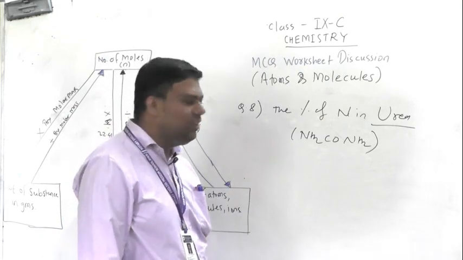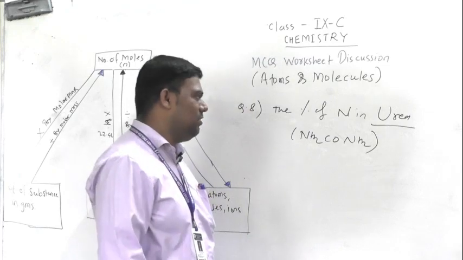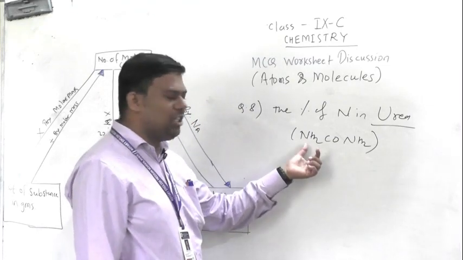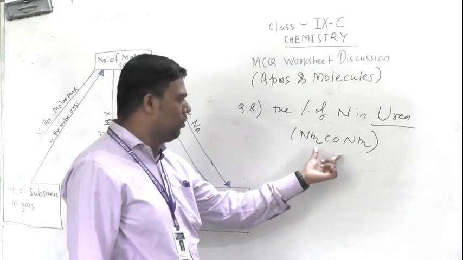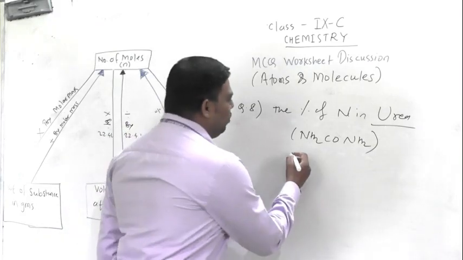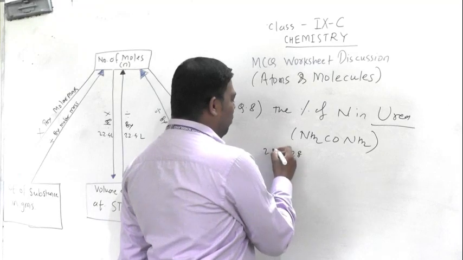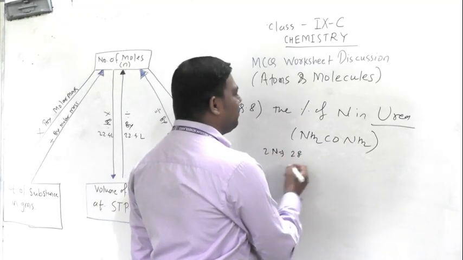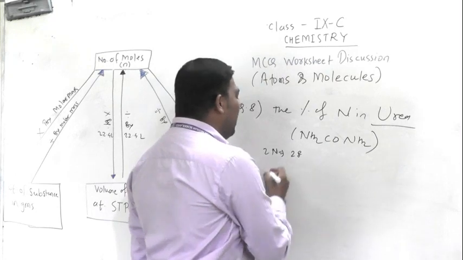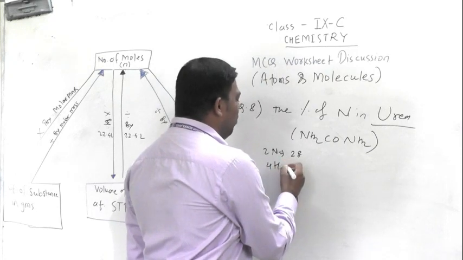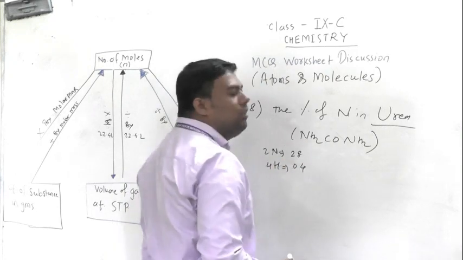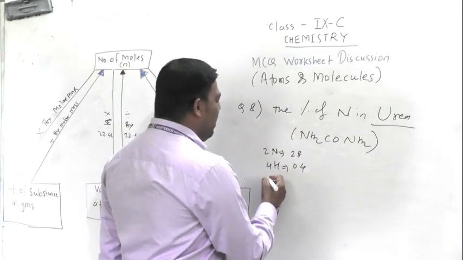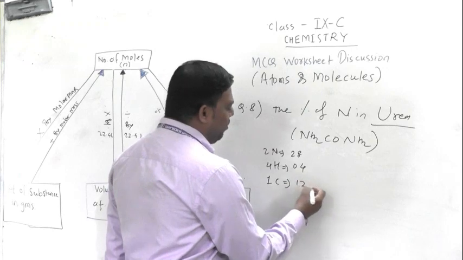So easy. See here, how much nitrogen? Nitrogen 2 are there, and each nitrogen has atomic mass 14, so 28 for 2 nitrogen. Then hydrogen: 4 are there, so 4. Then carbon: 1 carbon atom, 12.